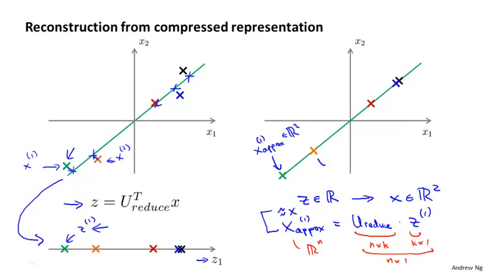And similarly, if you do the same procedure, this would be X2 approx, and that's a pretty decent approximation to the original data. So that's how you go back from your low-dimensional representation Z back to an uncompressed representation of the data. You get back an approximation to your original data X. And we also call this process reconstruction of the original data, where we think of trying to reconstruct the original value of X from the compressed representation.